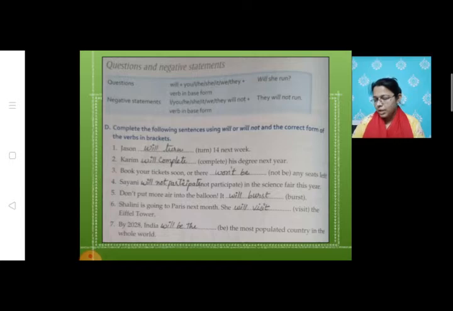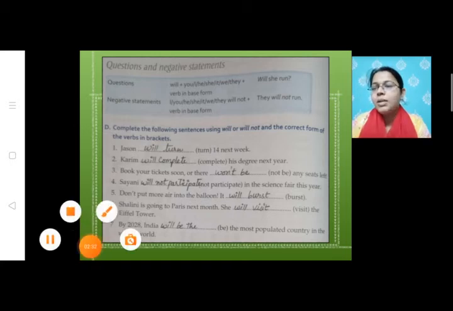Here in your textbook on page number 66, you can see the questions and negative statements formation. The first thing is question. How do you form a question? As I told you earlier, we are going to write will first and then the subject. So here instead of subject, they have written first, second and third person, that is you, I, he, she, it, we or they. And then they would be adding the verb in the base form.